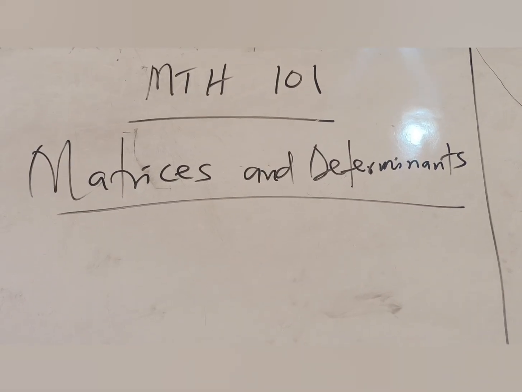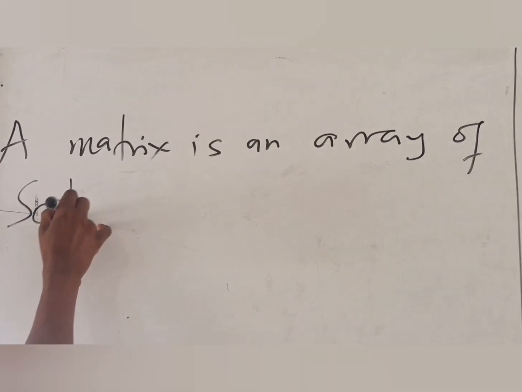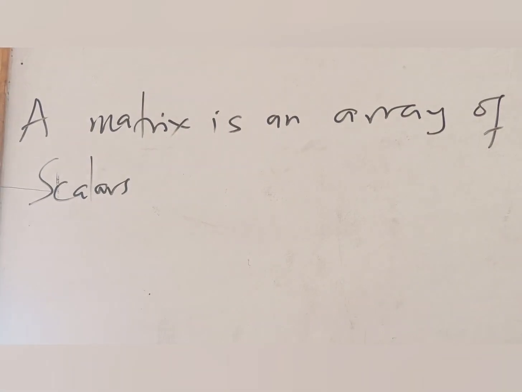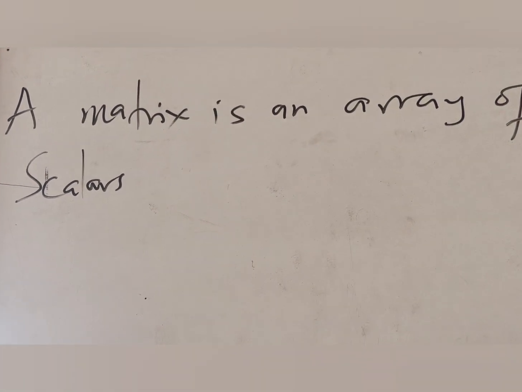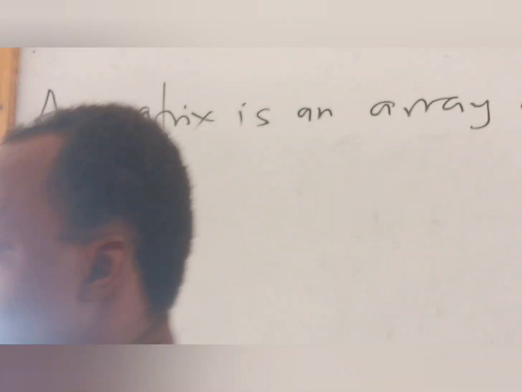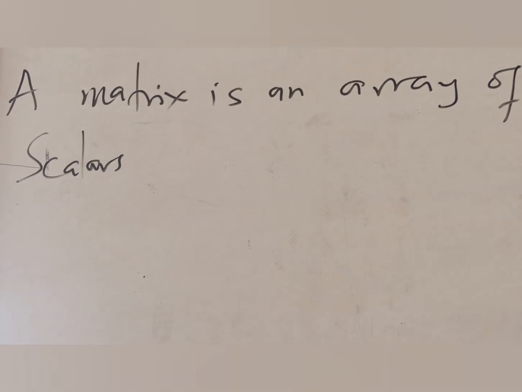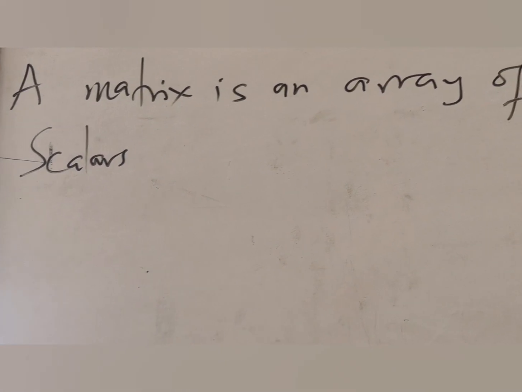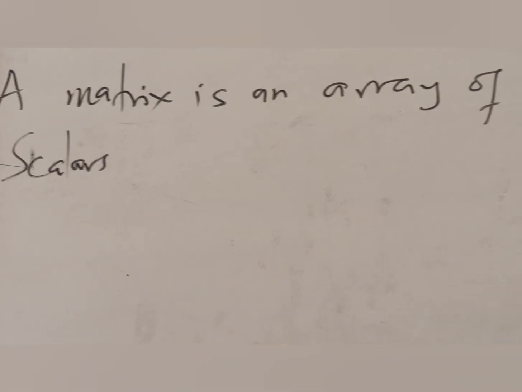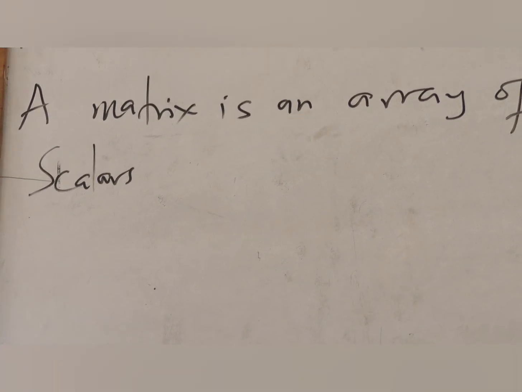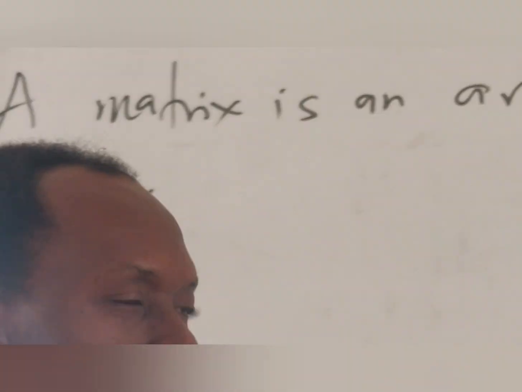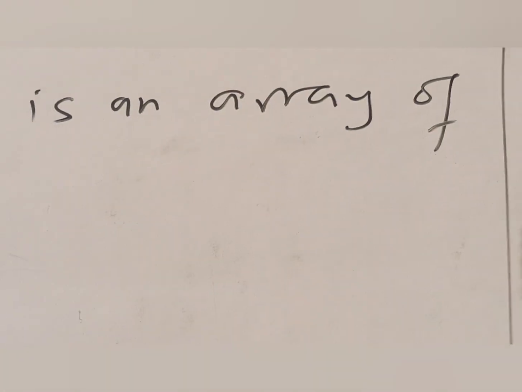A matrix is an array of scalars. We can arrange those scalars in a rectangular form, either vertical or horizontal, anyhow you arrange them. It can be in a square form or a rectangular form. In a square form, the number of rows is equal to the number of columns.